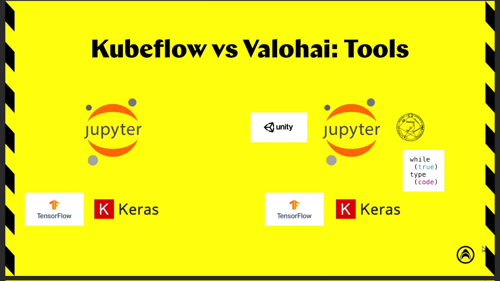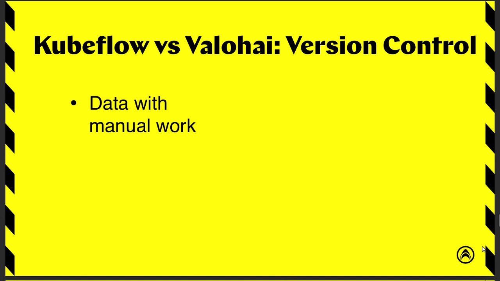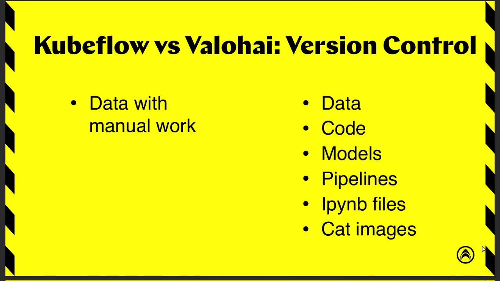If we compare version control, Kubeflow has some rudimentary support for data version control with some manual work involved. Valohai automatically tracks the data, the code, the model, the pipelines, any IPYNB files, basically Jupyter notebooks, or even your cat images if you want to.